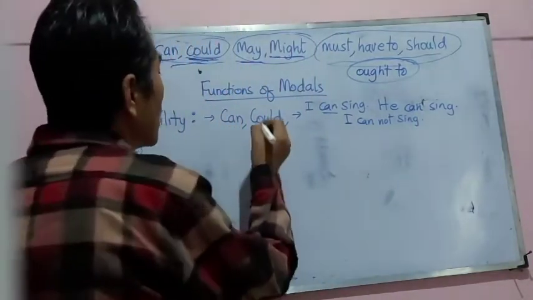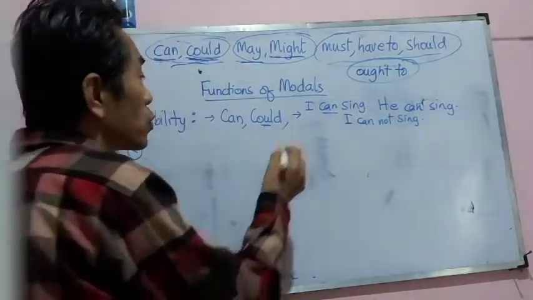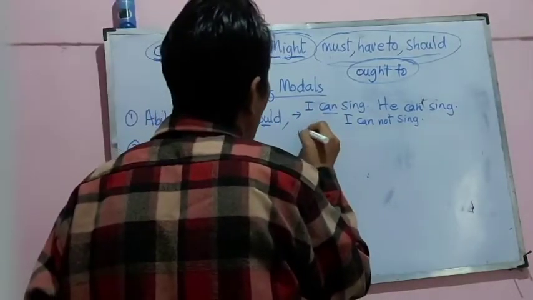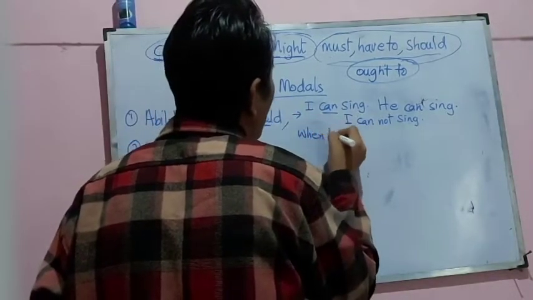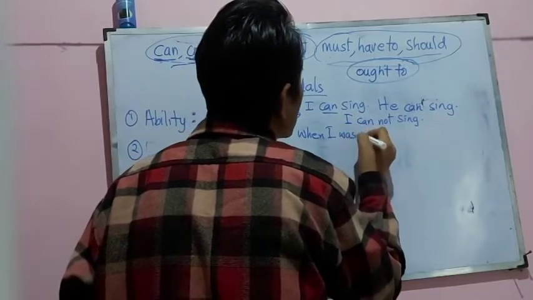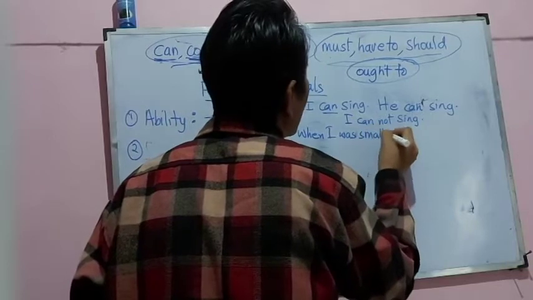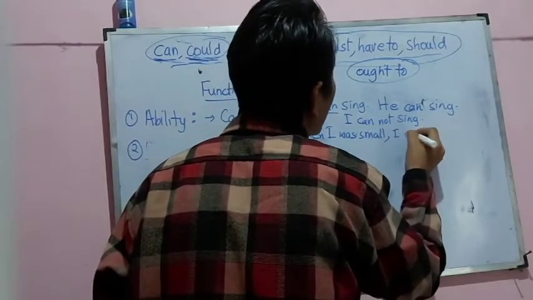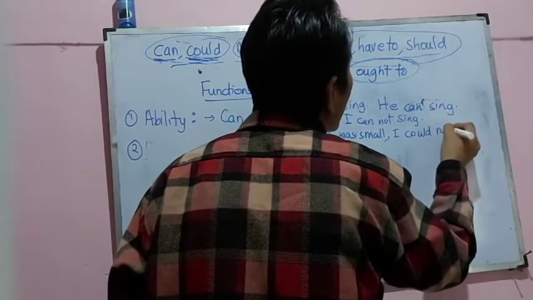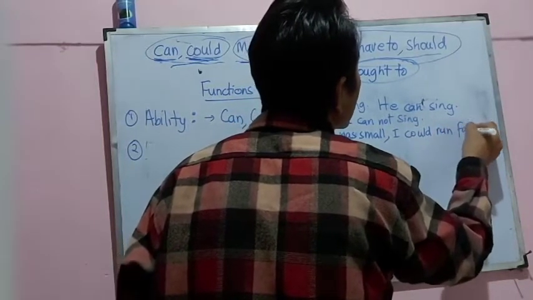Now could, I told you, can be used when we talk about the past. When I was small, I could run fast.